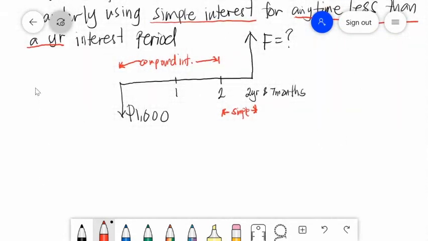So for compound interest, what is our formula?